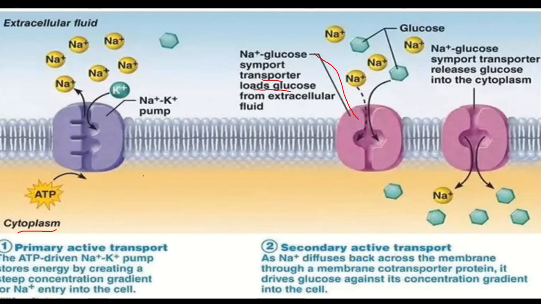In secondary active transport, sodium diffuses back across the membrane through a membrane transporter protein, and it drives glucose against its concentration gradient. You must remember that.